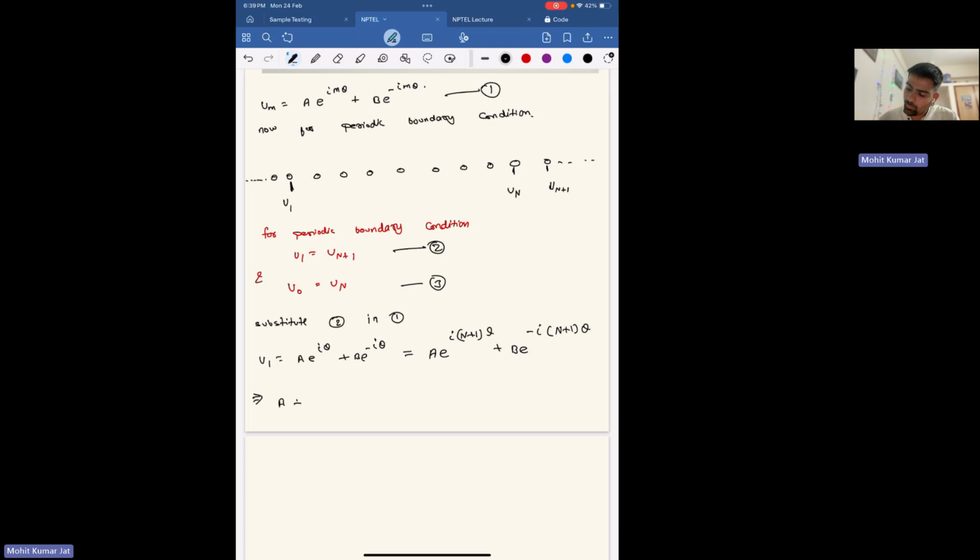Let's just do it. Let's divide by e to the power I theta. Then it will be a e to the power I n theta plus b e to the power minus I n plus 2 theta. Let's call this equation number 4.